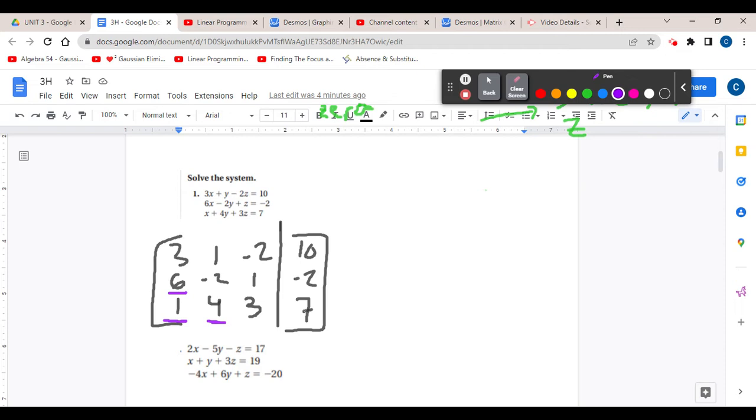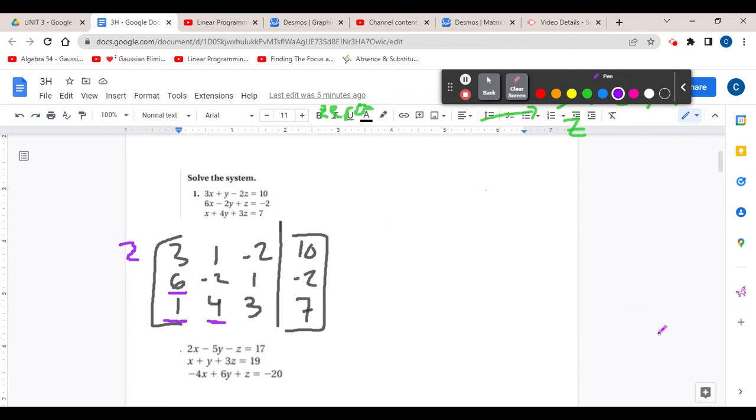All right. So for our second row, we need to eliminate the 6 and make that a 0. We could work the third row or the first row, it doesn't really matter. However, I think it would be easier to multiply the first row by 2 and subtract that from the second row. That'll make the 6 equal to 0.